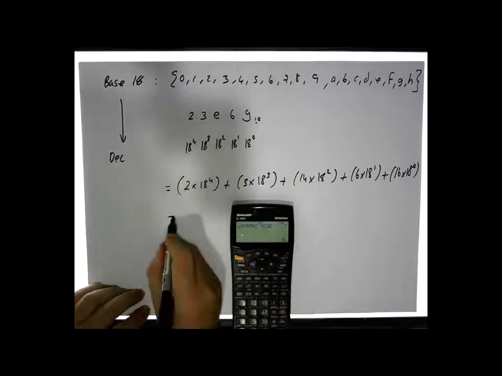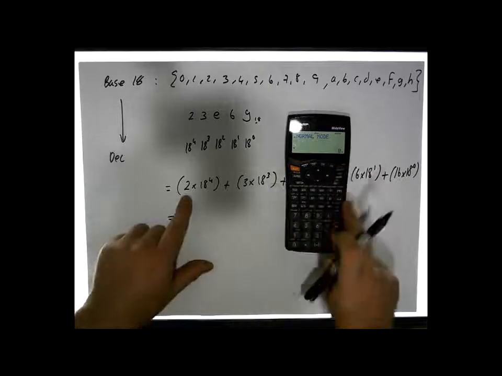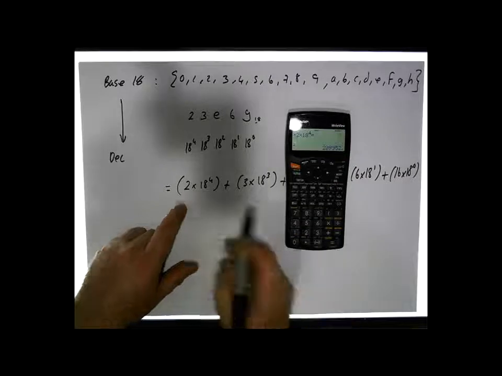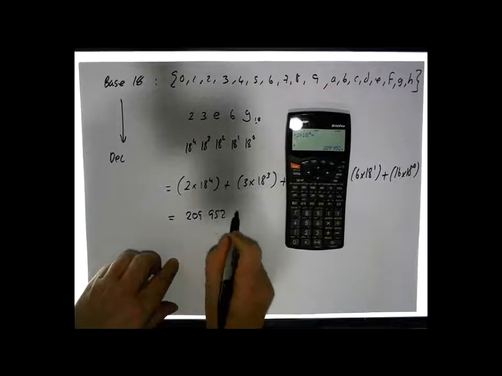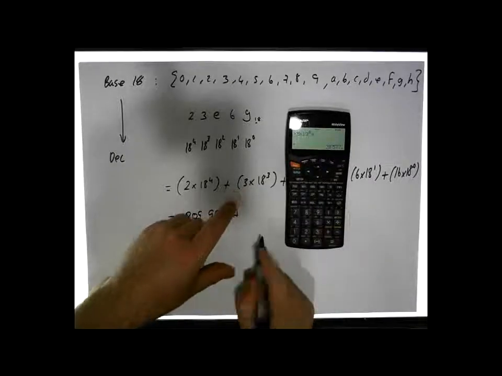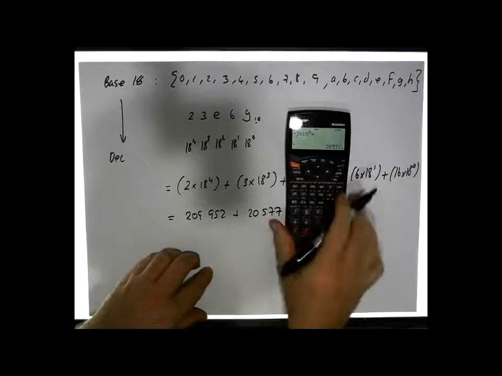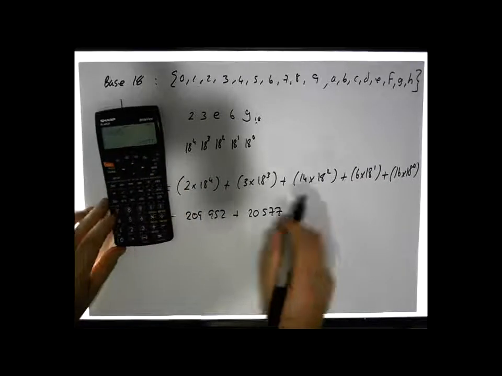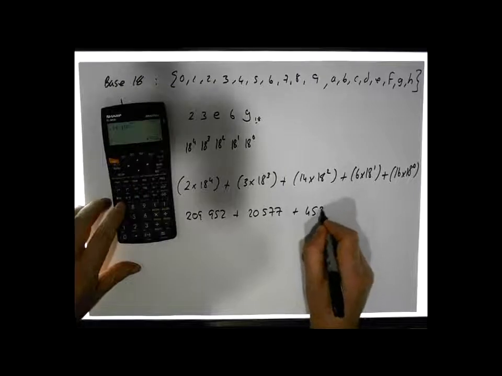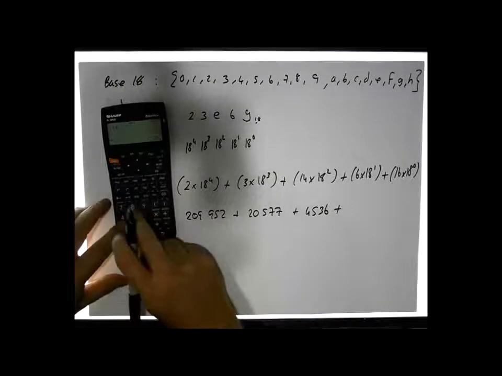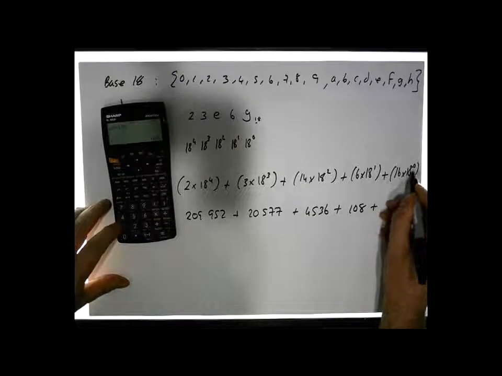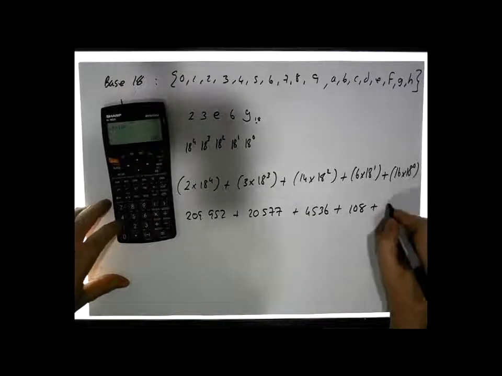Yeah, which we might as well just do this. Yeah, this gives us a number, and I'll do it all out, which is 2 times 18 raised to the power of 4 gives us 209,952 plus 3 times 18 cubed gives us 20,577, okay, plus 14 times 18 squared gives us 4,546 plus 6 times 18, okay, gives us a value of 108 plus 16 times 18 to the 0 is 1. 16 times it gives us 16.